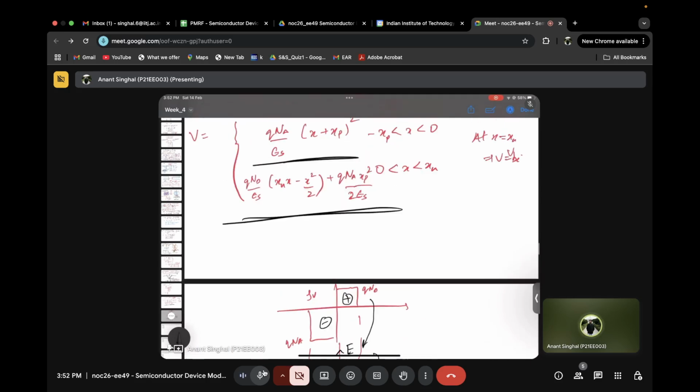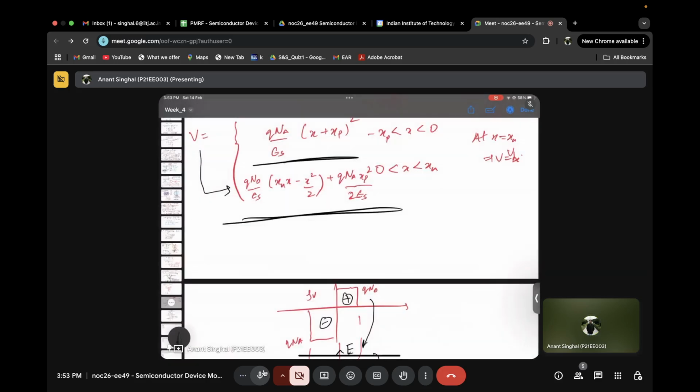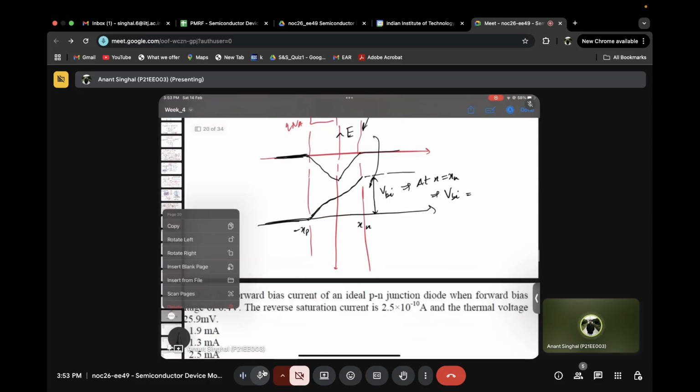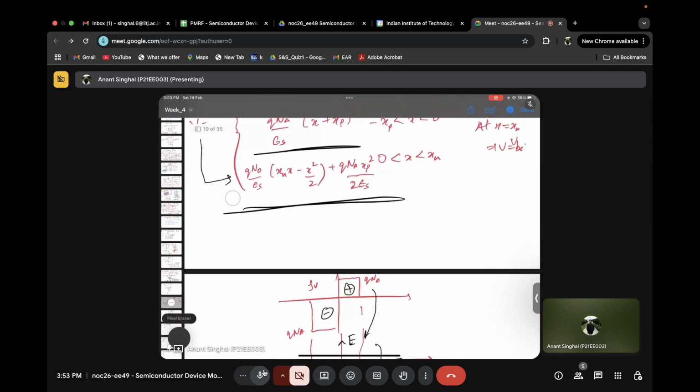So we can also calculate VBI by keeping x equals xn here, right? So let's calculate the VBI. We already have a formula of VBI, which is nothing but kT by q ln NA over ni square. So if I try to calculate VBI from this formula, what I'll do is I'll keep x equals xn.